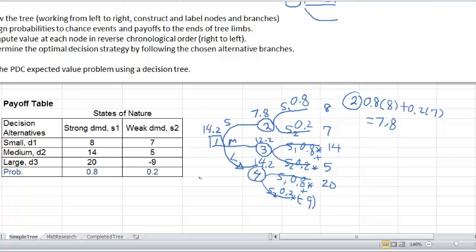Optimal decision is to build a large condominium complex, and from this, the highest expected value will be achieved, and that is $14.2 million.